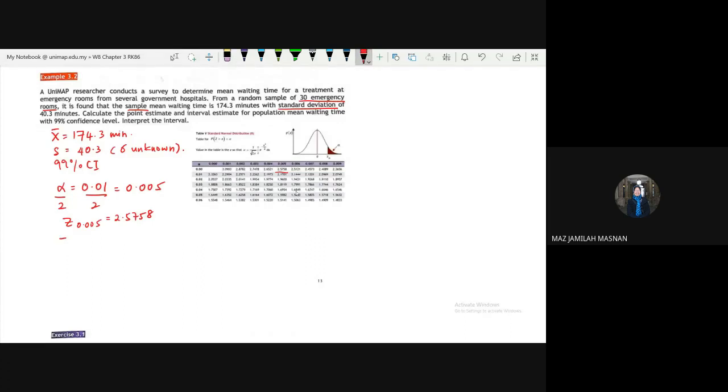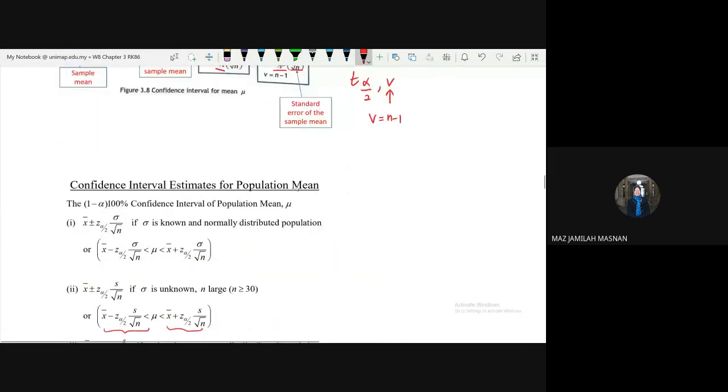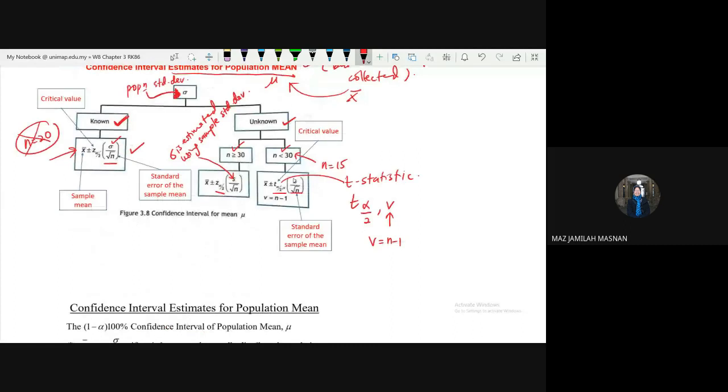So the interval would be 174.3 plus minus 2.5758 multiply with unknown sigma. So your n is 30. So you are fulfilling the condition for this particular case.